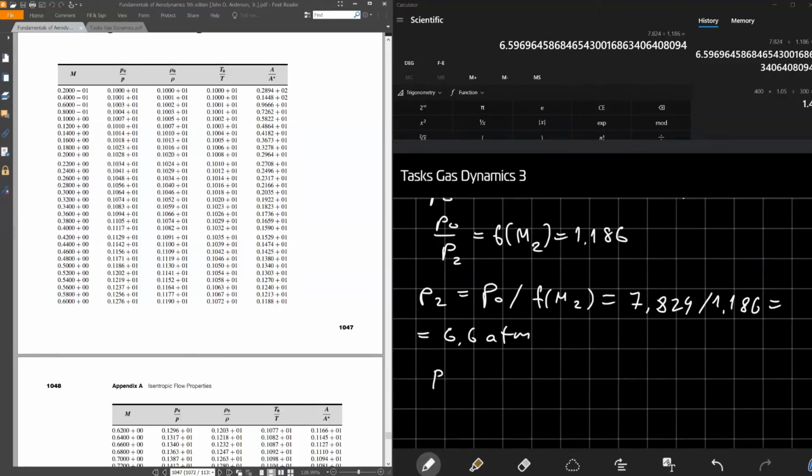Pressure is equal to density times gas constant times temperature. If two parameters here are given, the third can be easily calculated. From here, temperature can be obtained as pressure divided by rho R.